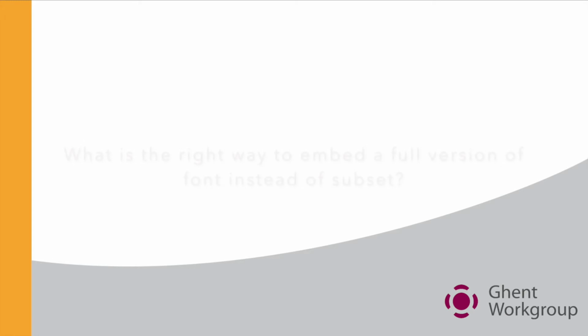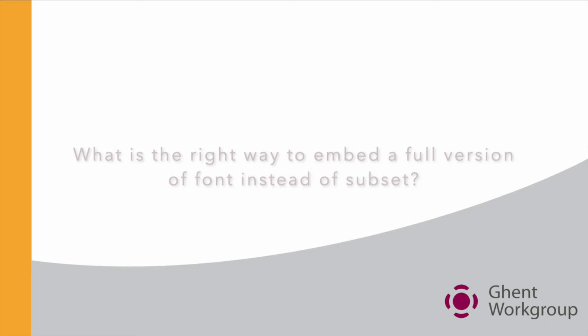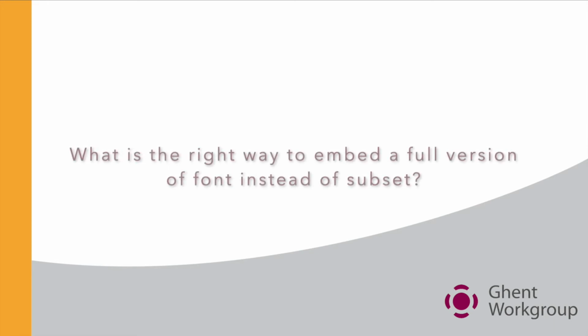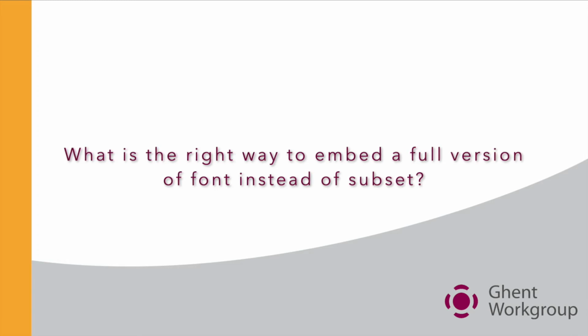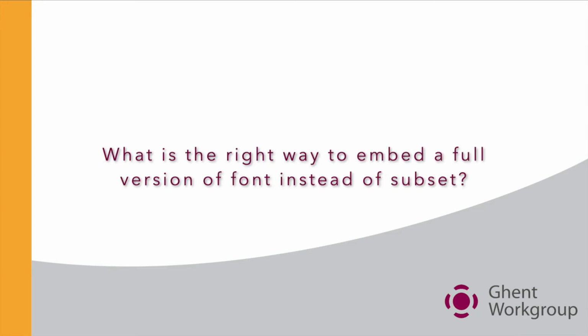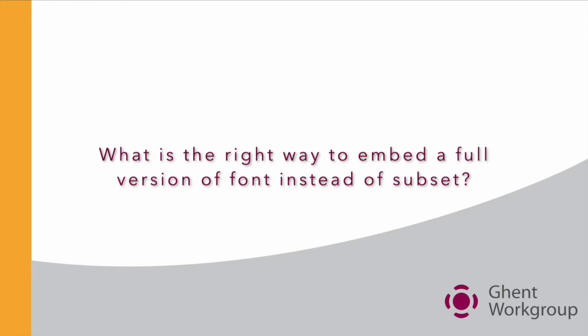What is the right way to embed the full version of a font instead of a subset? This is actually a setting that you have when you export to PDF, where there is a setting that says subset if the number of glyphs used is below a certain number. Normally, if you say it's below 100, then that means that up until you have all of the glyphs, it will be subset, and if you allow all of the glyphs anyway, it will be full.